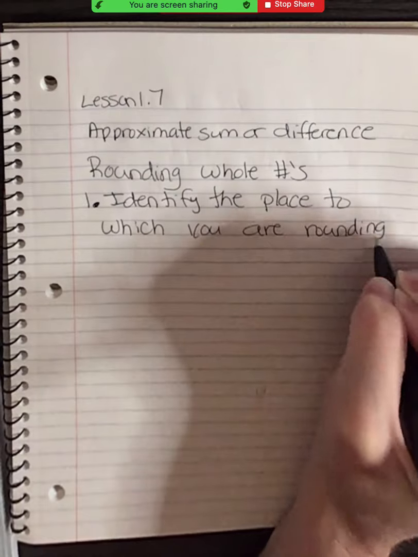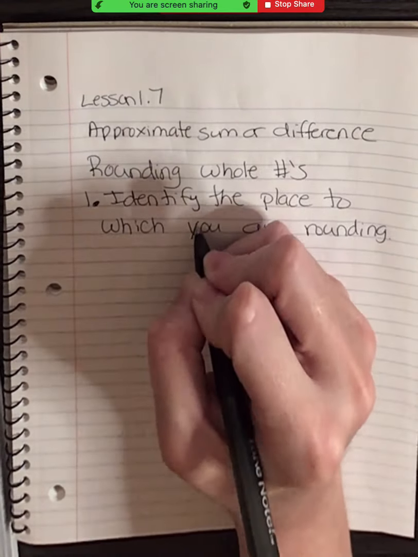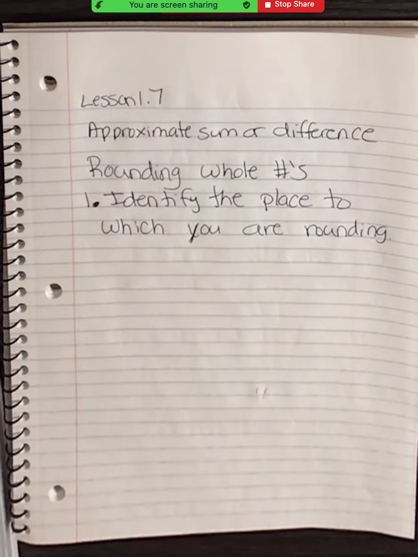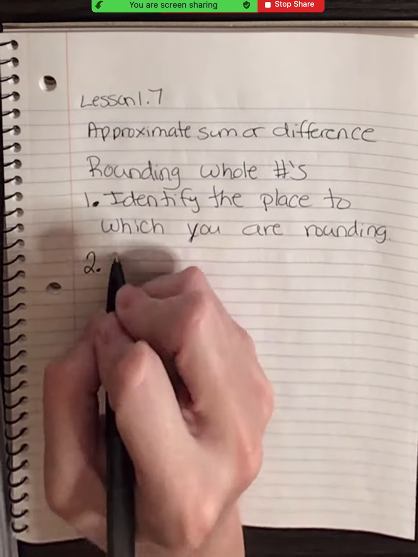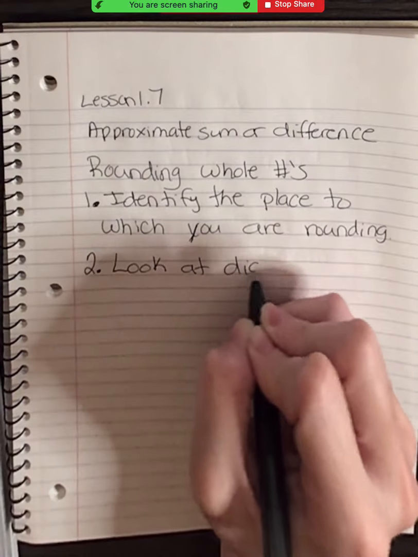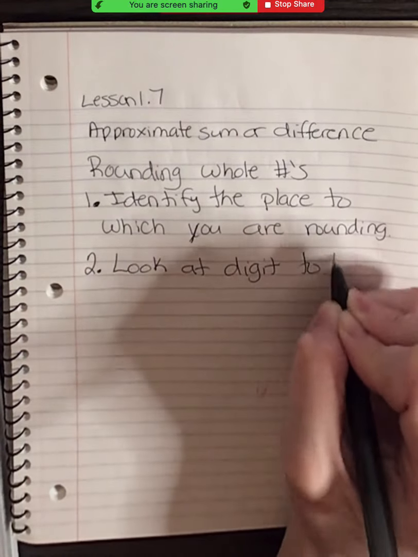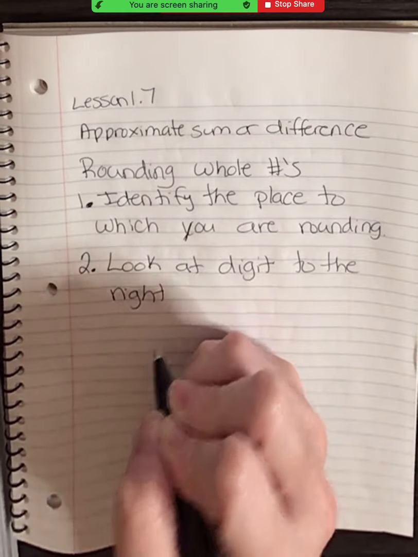Do we want the nearest tens, the nearest hundreds, the nearest thousands? Once you have done that, then you're going to look to the digit to its right of the place you are rounding.